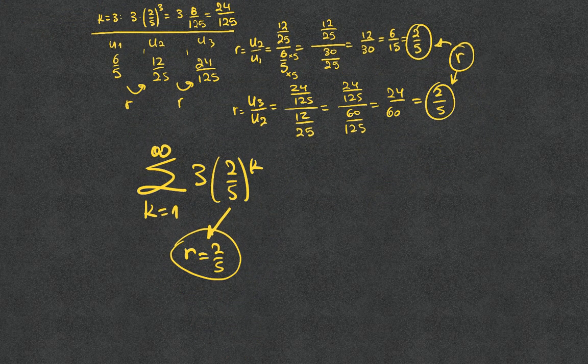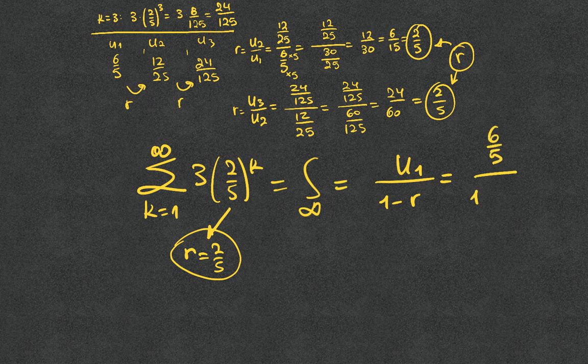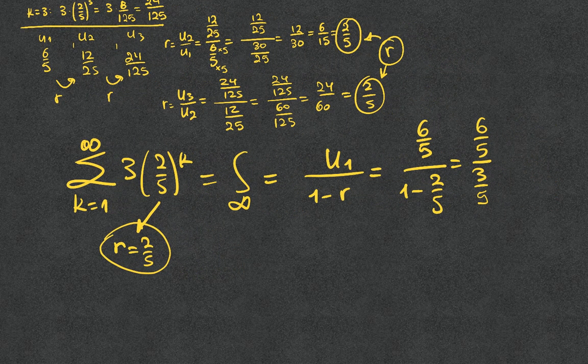Now, based on the formulas, this is the sum to infinity, which is going to become u1 over 1 minus the ratio. The u1, we know, is equal to 6 over 5, over 1 minus the ratio, which is 2 over 5. That will end up being 6 over 5 over 3 over 5, because the 1 is 5 over 5, and the final result of all of that will become 6 over 3, which is equal to 2.